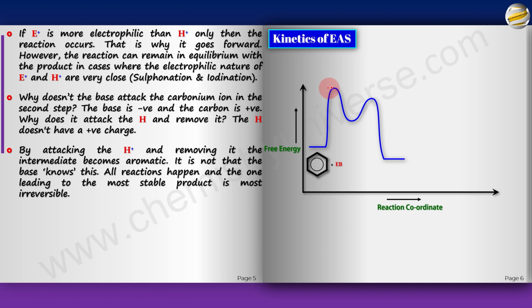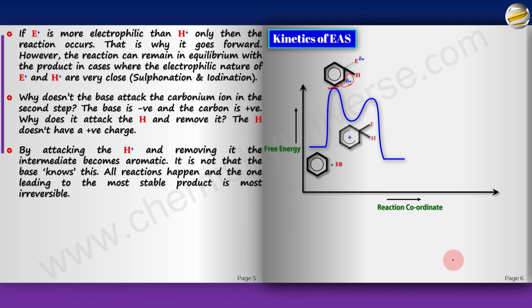So what is the transition state? What has happened? The E plus comes close to the benzene and forms a pi complex, a pi complex because the aromatic character is still there. But then it removes the pi bond and directly attaches to the carbon with a sigma bond properly, and the plus comes entirely on the carbon.